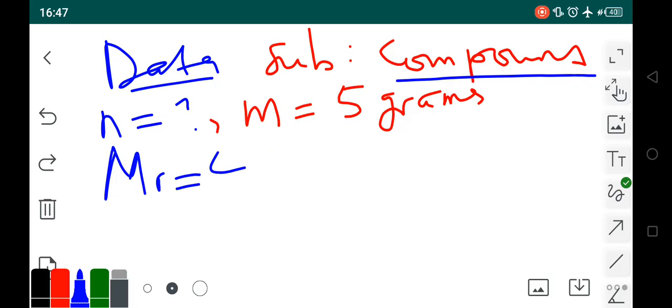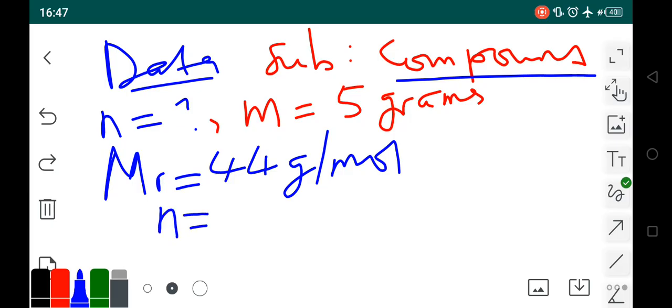So we have it as 44 grams per mole. Now from there, we can say the number of moles equals the mass given divided by Mr. Look at the first one, where we used Ar.